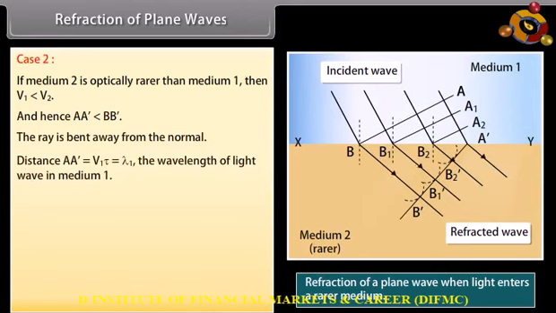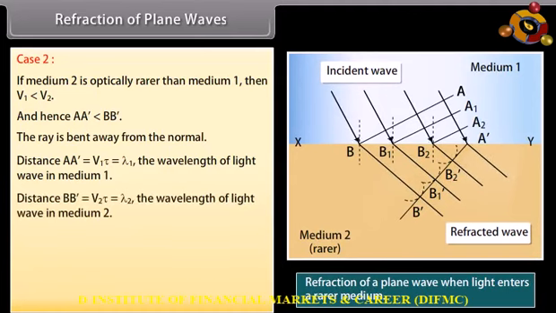Distance A is equal to V1 is equal to lambda 1, the wavelength of light wave in medium 1. Distance B is equal to V2 is equal to lambda 2, the wavelength of light wave in medium 2.